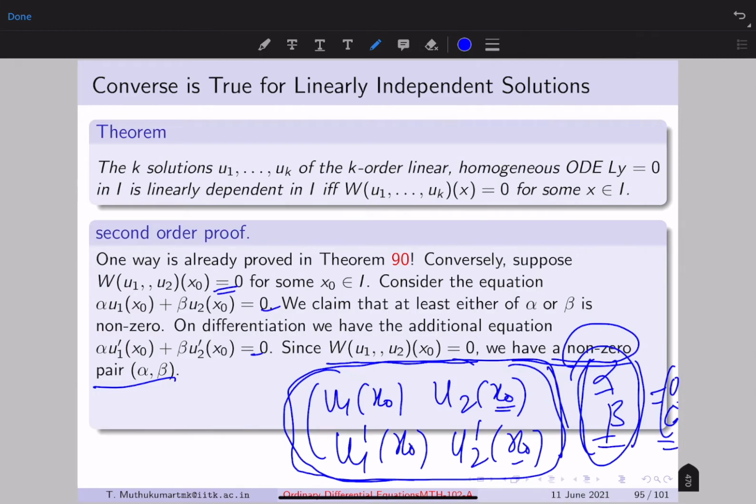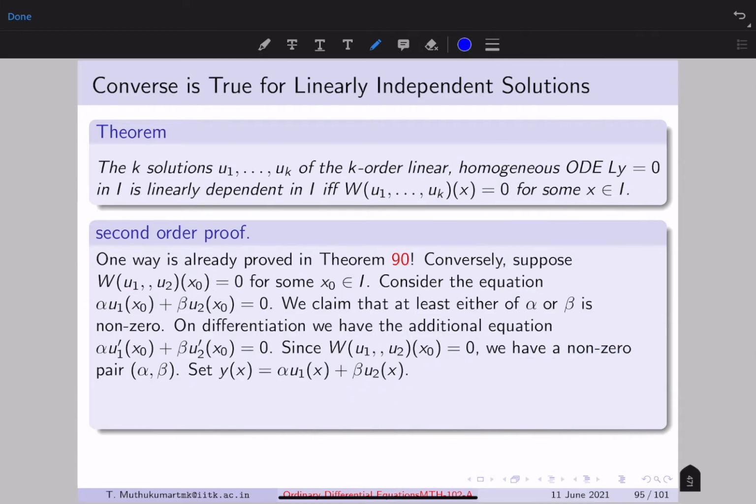So if you have a non-zero pair alpha beta, then you look at this function y. Define y as the linear combination of u1 and u2, so for every x in I, y is a function of x. You take this alpha beta that you obtained earlier from the kernel of the matrix with entries u1, u2, u1 prime, u2 prime.